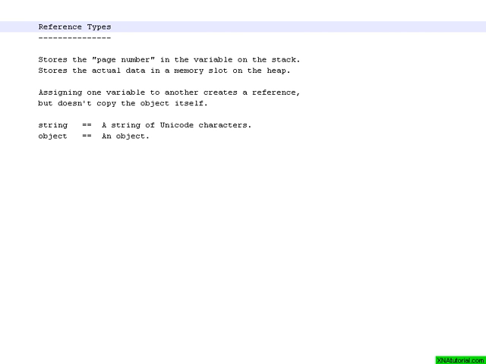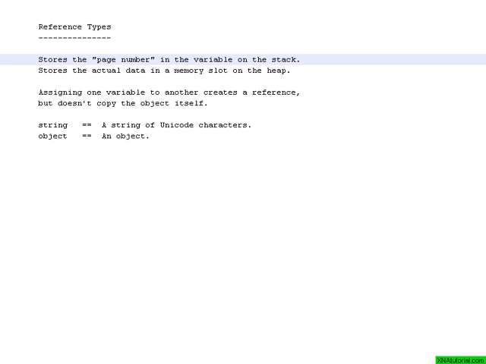The second type of data is the reference type. They are slightly different because they store the data on the heap. And remember, the heap was the place where you could store big things. And to be able to access that data on the heap, it stores a reference.